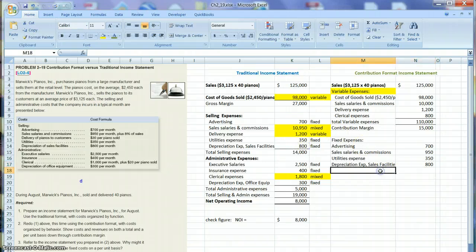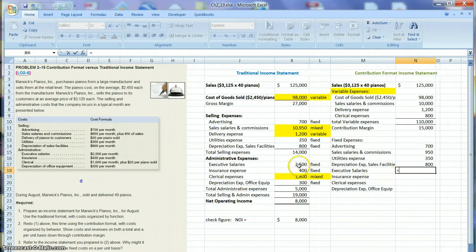And I want to keep going. I want to pull up my executive salaries. I want to pull in my insurance. I want to take my clerical expenses and depreciation on my office equipment. The dollar amounts are going to equal here. Pull these through. Same. The clerical I need to adjust to 1,000.